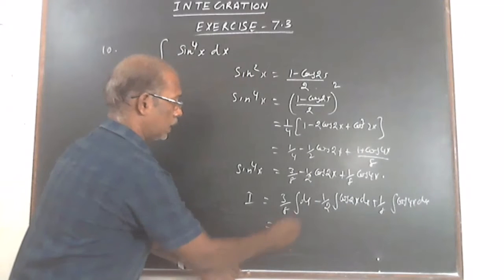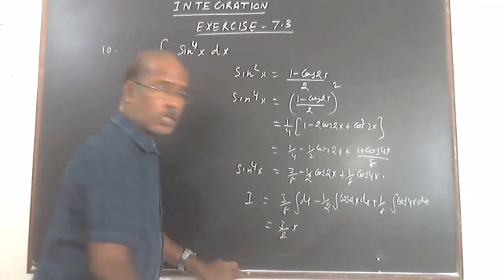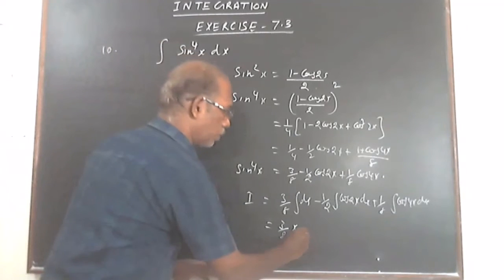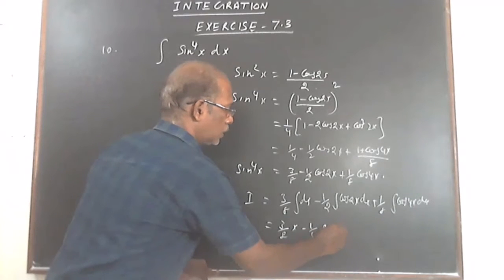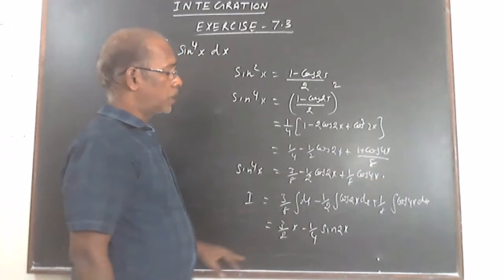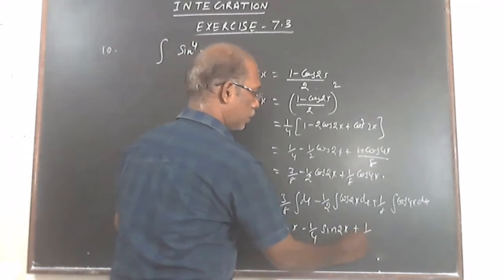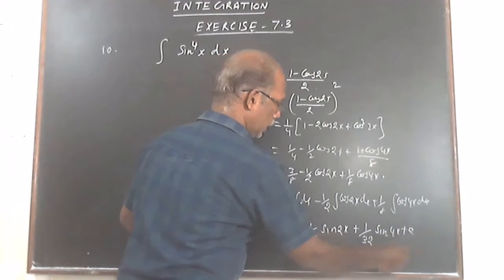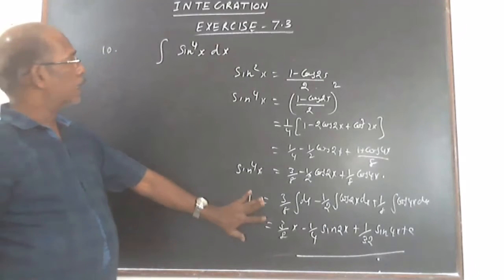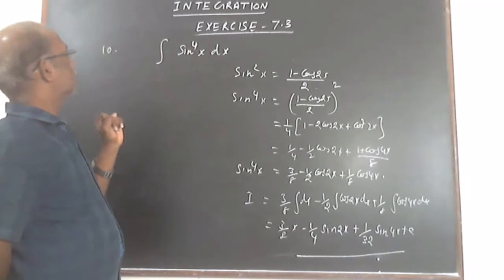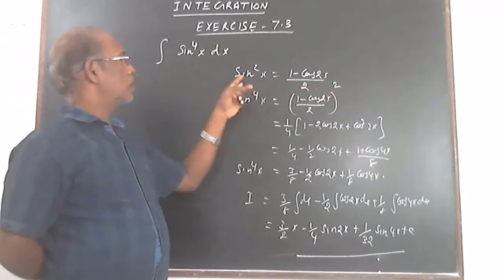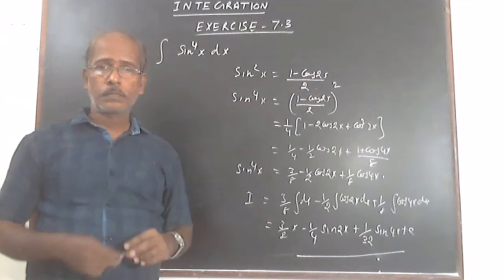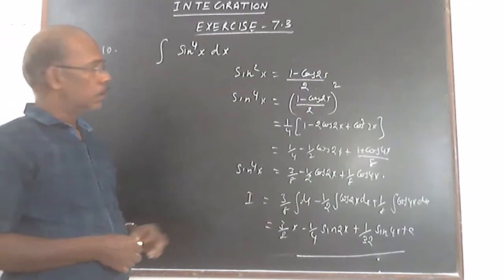The integral of dx gives 3 by 8 x; the integral of cos 2x is 1 by 2 sin 2x, so minus 1 by 4 sin 2x; the integral of cos 4x is 1 by 4 sin 4x, so 1 by 4 into 8, 32, sin 4x, with the integral constant. So this is the integrated value of sin power 4x using trigonometric identity conversion. Sin square x is (1 minus cos 2x) by 2. Understood? Copy this. We'll go to the next question.